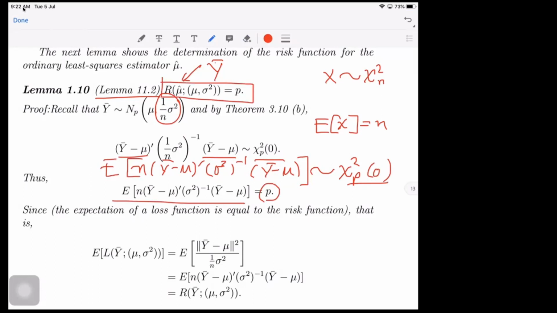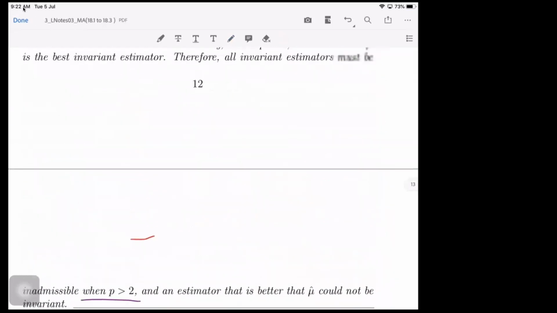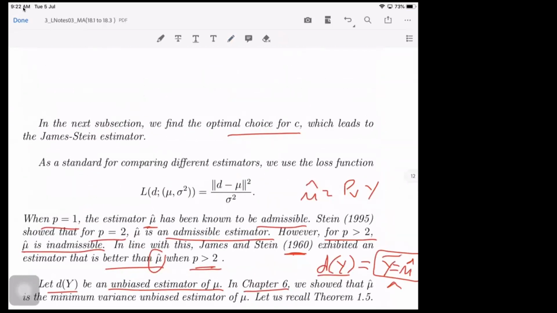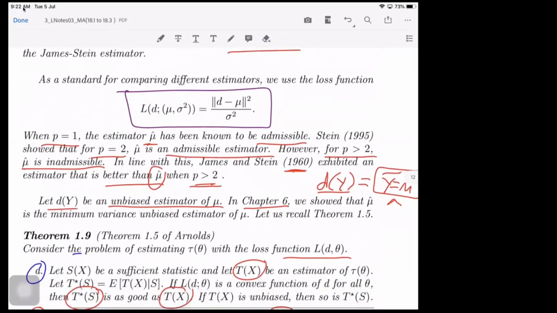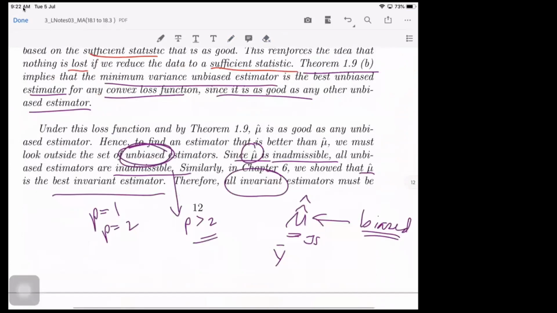But if we look at this formula, we get the expected loss. This is how we defined our expected loss earlier, with the loss over sigma, but our sigma for Y bar is 1 over n sigma squared. Are you following? This is our associated loss function. If we take the expected value of the loss, that will be our risk.